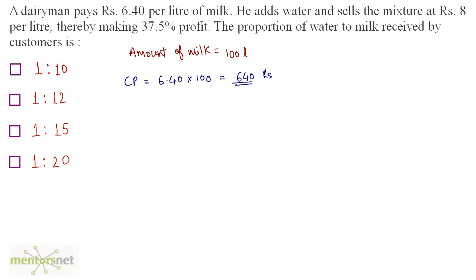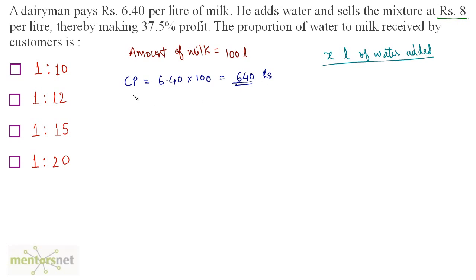Now he adds water. So let's say he adds X amount of water, right? X liters of water added. Now when you add X liters of water, the total amount becomes 100 plus X. So selling price is given to us at 8 rupees. So he sells this milk at the rate of 8 rupees per liter after adding water.